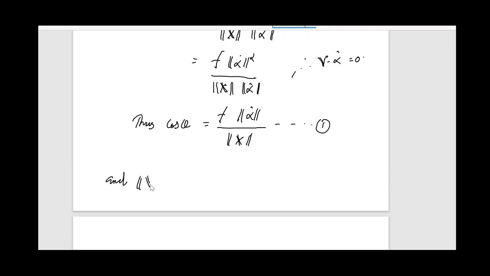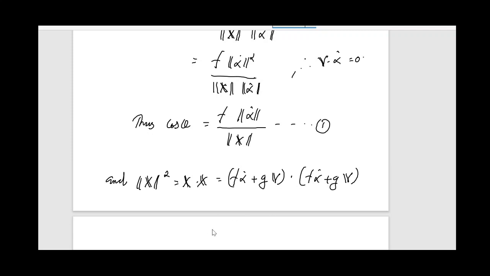Now norm of x square is equal to x dot x, that's equal to f alpha dot plus g v dot f alpha dot plus g v.